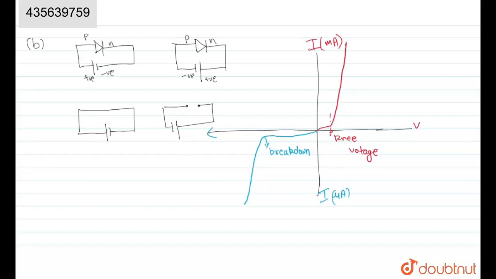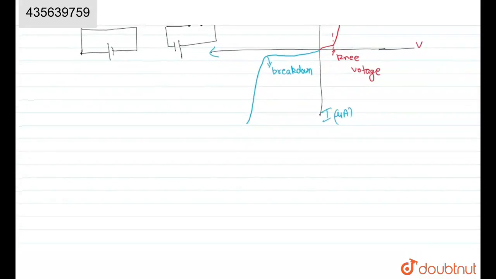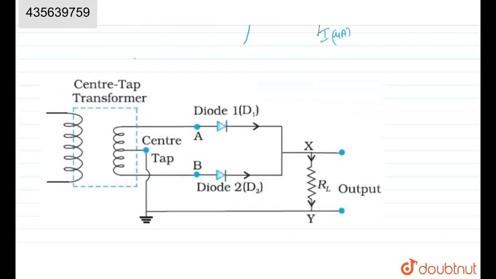Diode offers infinite resistance in reverse bias and diode offers zero resistance in forward bias. So for the rectification purpose, I will draw the diagram. So this is the circuit that we use for rectification purpose.